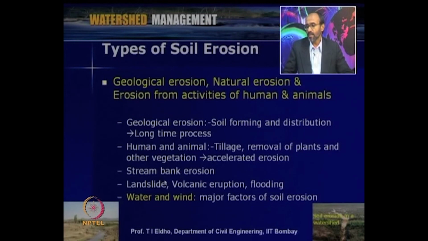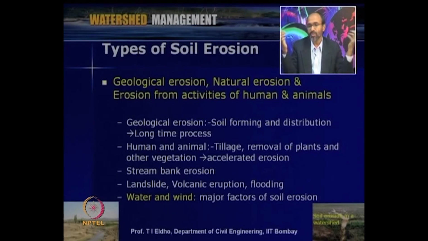Then the natural causes like landslide, volcanic eruption, flooding. So, the erosion due to these kinds of causes we can classify as natural erosion. So, in all these, like geological erosion, natural erosion, or the erosion due to activities of human and animals, the major factors which cause this erosion are either water or wind.